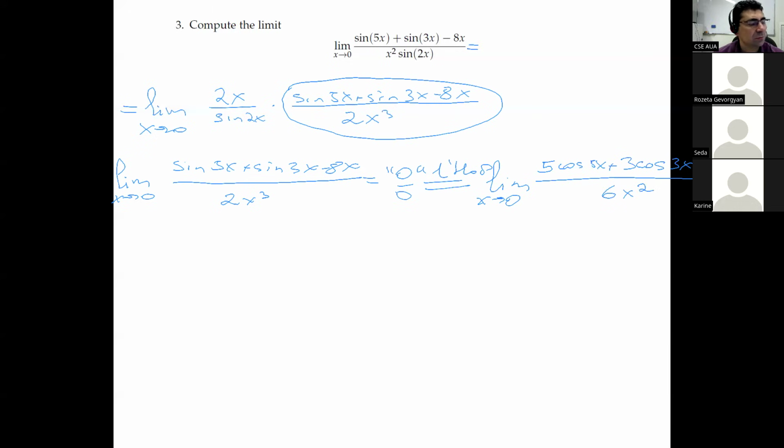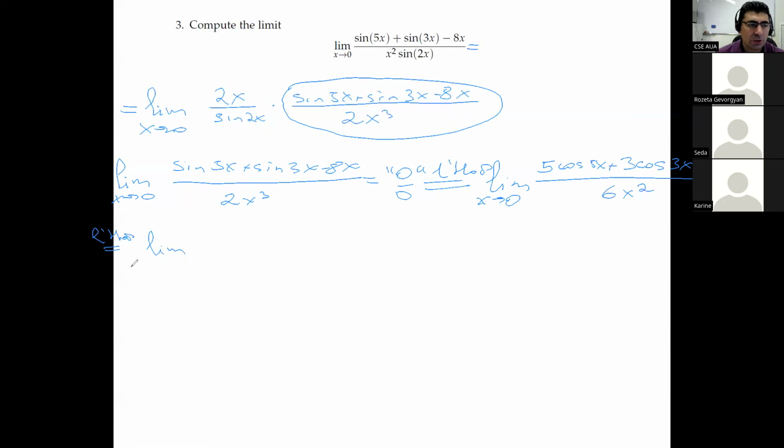Right? And then we can again plug 0. If we do so, we'll get 5 plus 3 minus 8. So 0 over 0 again. Okay, do not worry. We can simply apply another L'Hopital here, since it's an indeterminate form of 0 over 0.